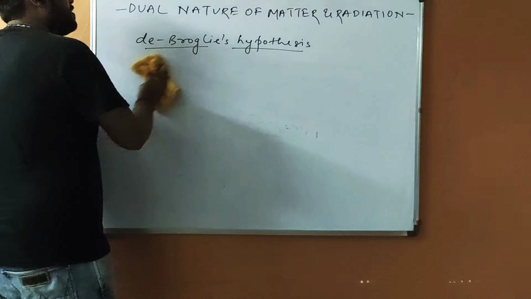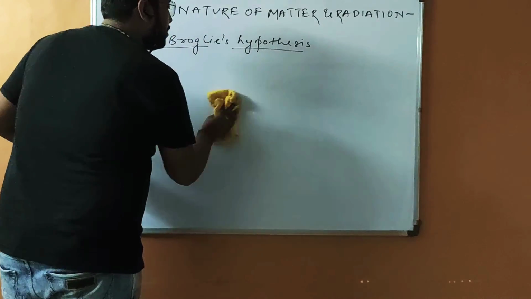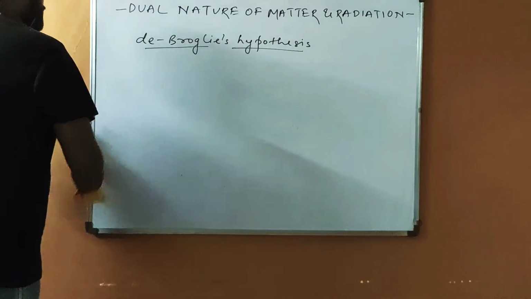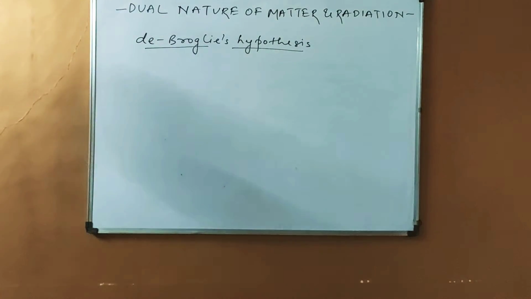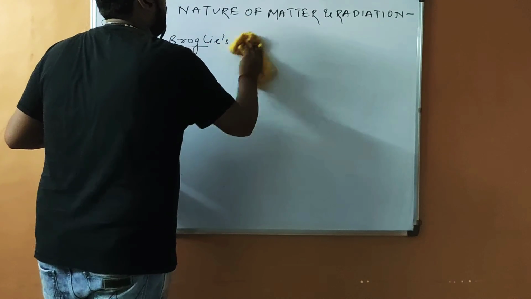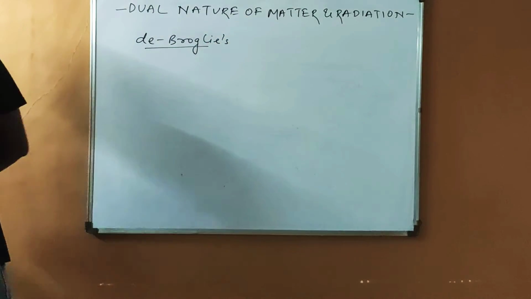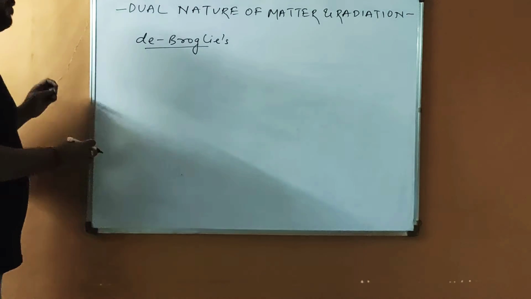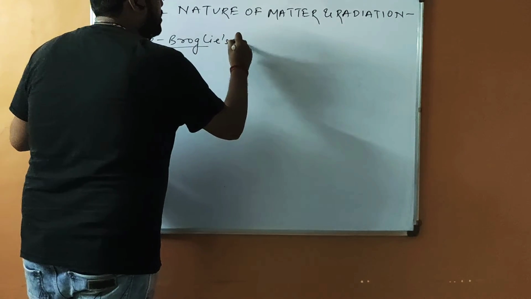We will study again de Broglie's hypothesis in Atoms chapter, and from de Broglie's hypothesis we will study how to prove second postulate of Bohr. Here is de Broglie's wavelength.